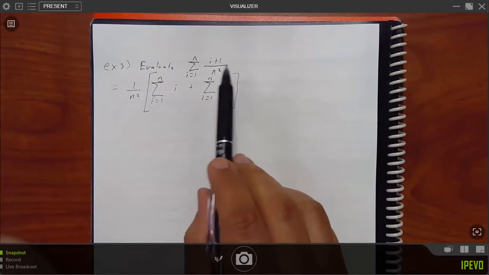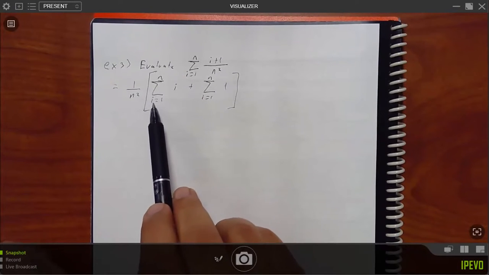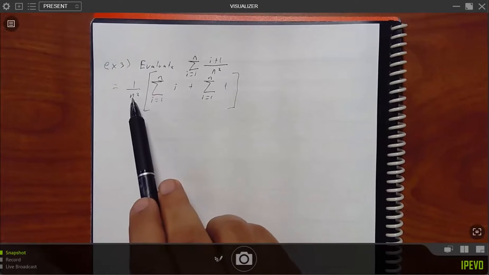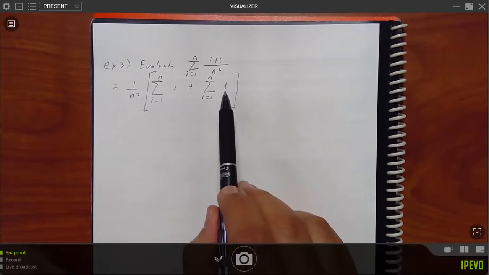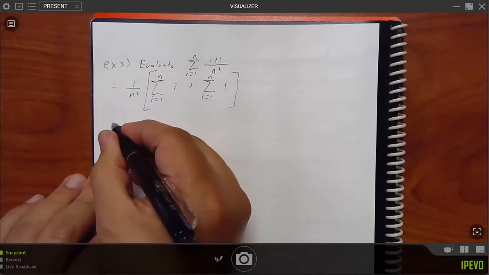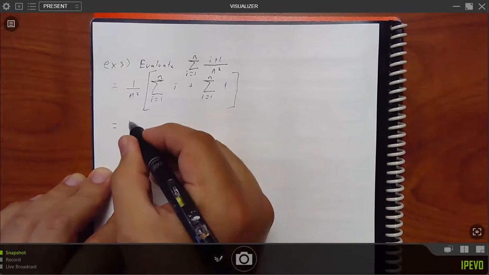So you can separate series anytime you want, and you can factor things outside the series if it doesn't match the index. Since we're dealing with i's, those cannot come out. You can also factor constants, like if there was a 4 here, pull out a 4. So now let's apply our formulas, right? We have one for i.